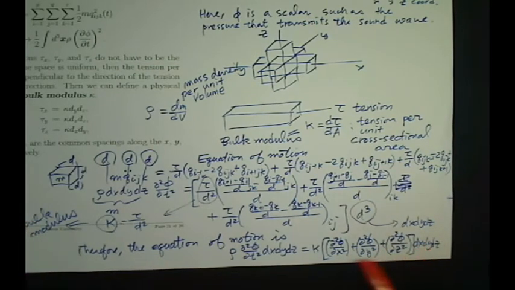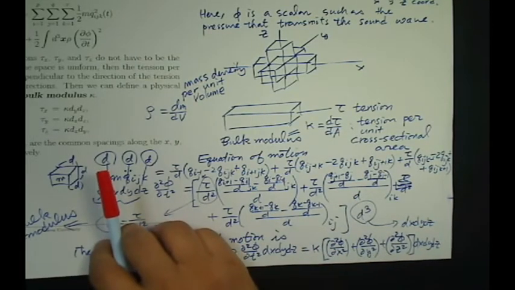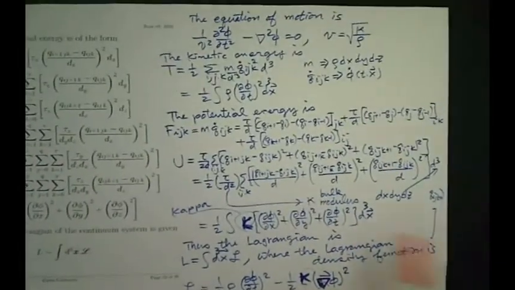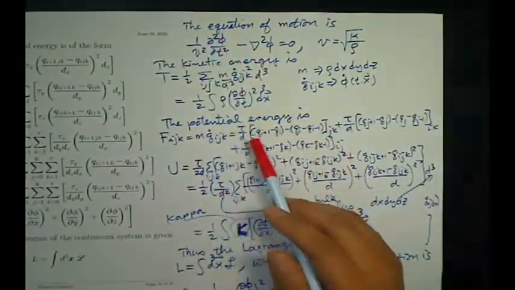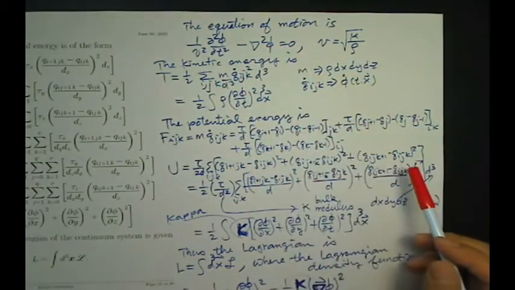If we cancel dx, dy, dz and divide both sides by kappa, we end up with the equation of motion. The resultant equation of motion is 1 over v squared double time derivative subtracted by the Laplacian equals 0.